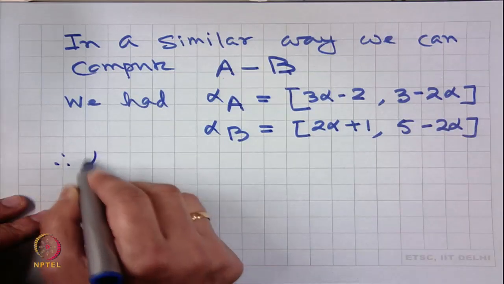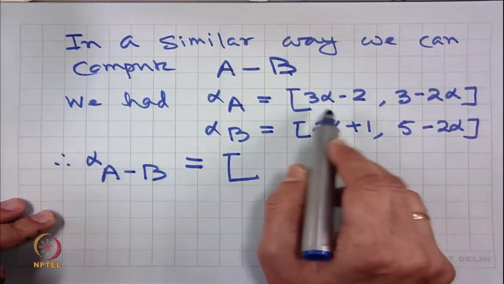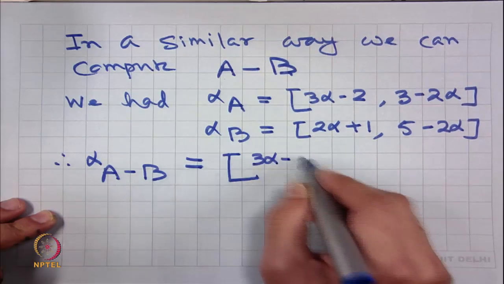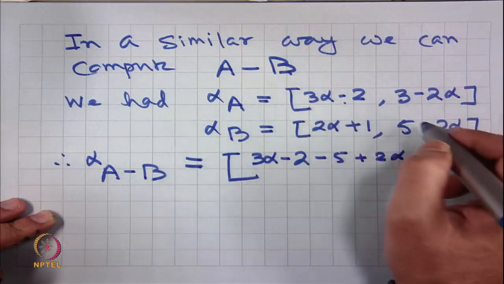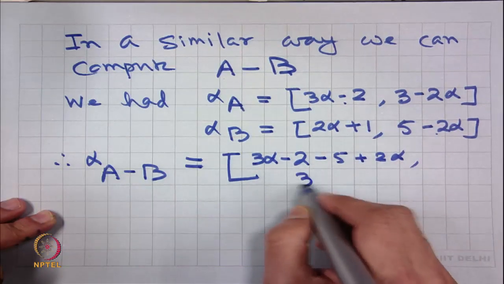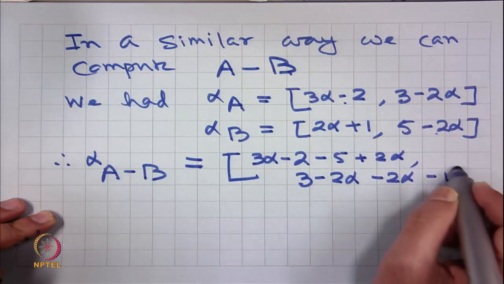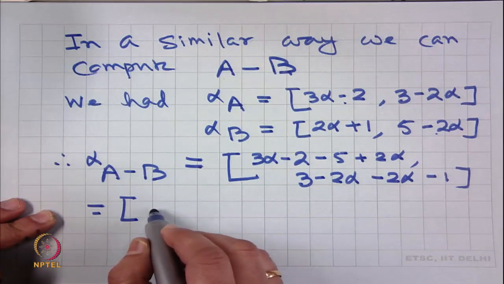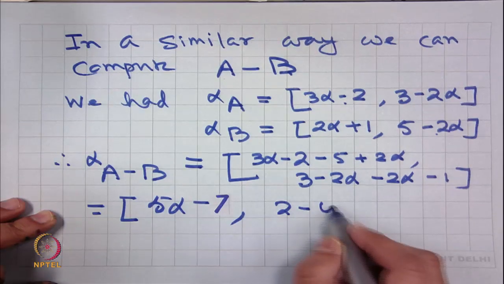Therefore, the alpha cut of A minus B is equal to [3 alpha minus 2 minus (5 minus 2 alpha), 3 minus 2 alpha minus (2 alpha plus 1)], which is [5 alpha minus 7, 2 minus 4 alpha].